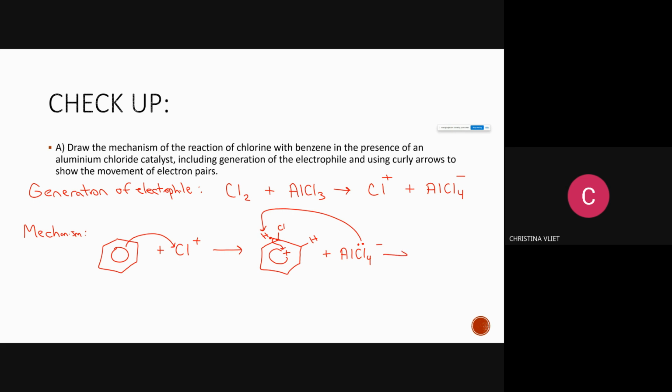And so then your final product here is Cl benzene, plus AlCl3 plus HCl. This is the catalyst, just to point it out. This is the byproduct. And this is the major organic product.